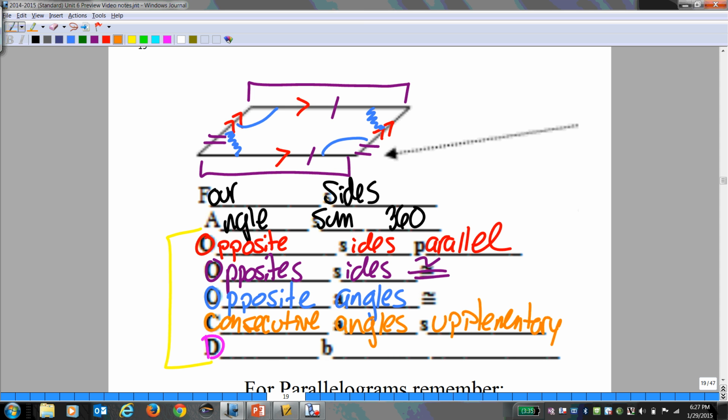Consecutive angles, angles that are next to each other, are not equal; they add up to 180. So angles next to each other are supplementary, better known as adding up to 180.